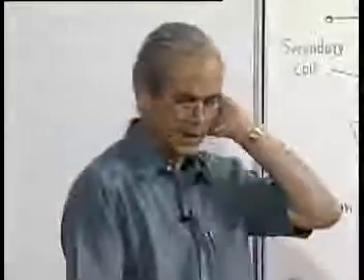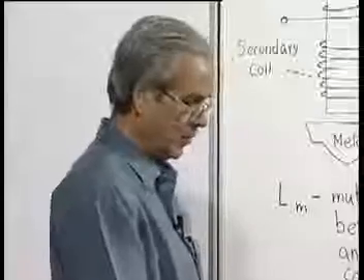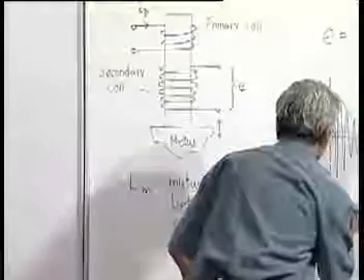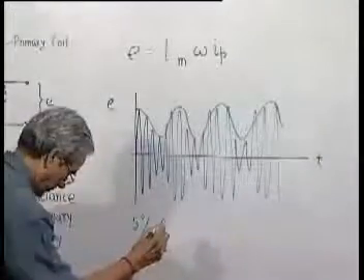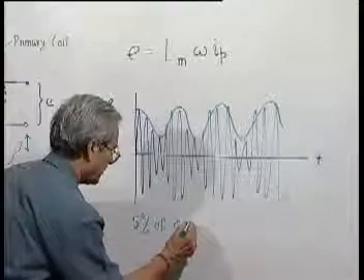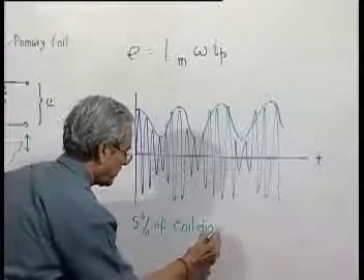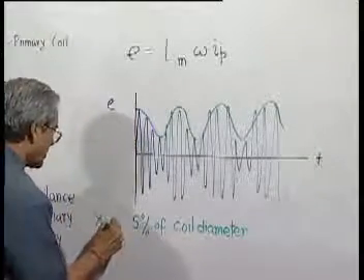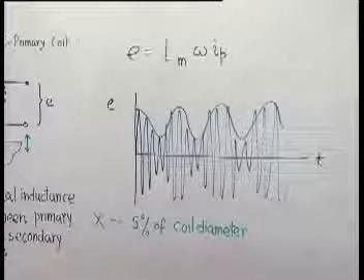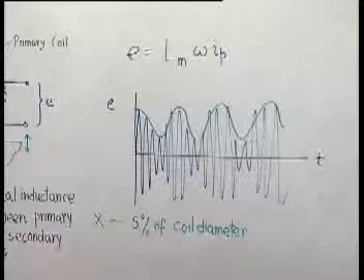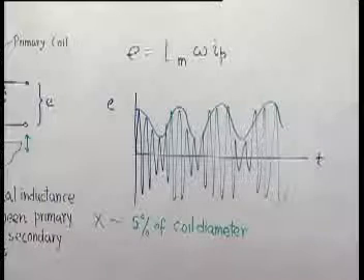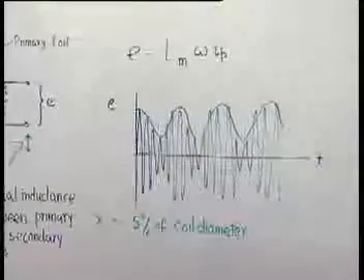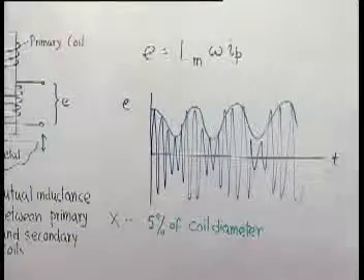So, mutual inductance variation can be made almost linear over a displacement range up to approximately 5% of coil diameter. If the amplitude of vibration is kept within 5% of the coil diameter, then the mutual inductance variation can be made approximately linear, or approximately proportional to the displacement or the gap.